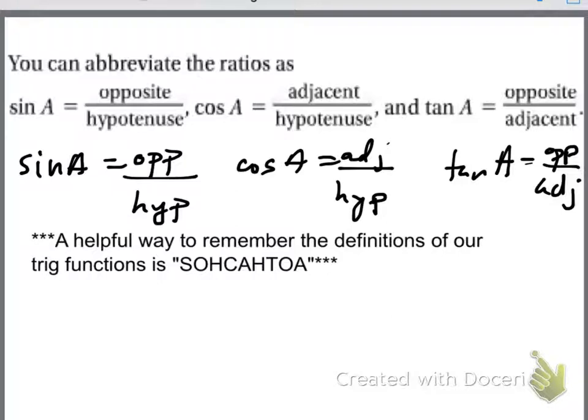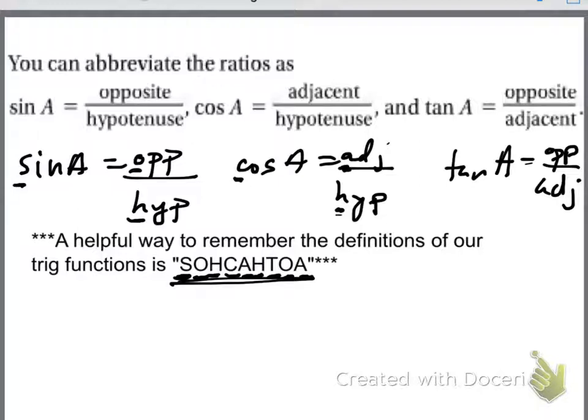We're going to use the word SOHCAHTOA, and that's going to help us remember the definitions of the trig functions. The S stands for sine, the O is opposite, the H is hypotenuse, so sine equals opposite over hypotenuse. The C is cosine, the A is adjacent, the H is hypotenuse, so cosine equals adjacent over hypotenuse. And then tangent equals opposite over adjacent.